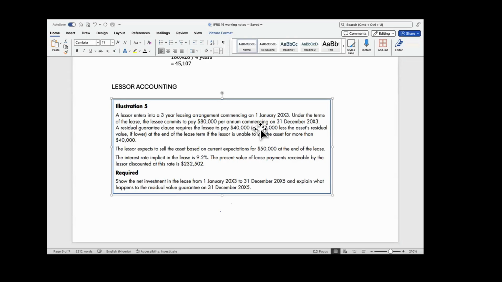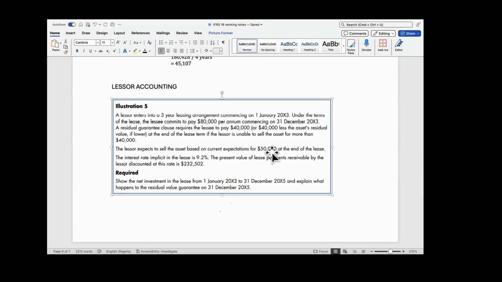We're told a residual value guarantee requires the lessee to pay $40,000 less the asset's residual value if lower. So the residual value that the lessee is guaranteeing the lessor is 40,000. At the end of the lease term, if the lessor is unable to sell the asset for more than 40,000, however, the lessor expects to sell the asset for 50,000.